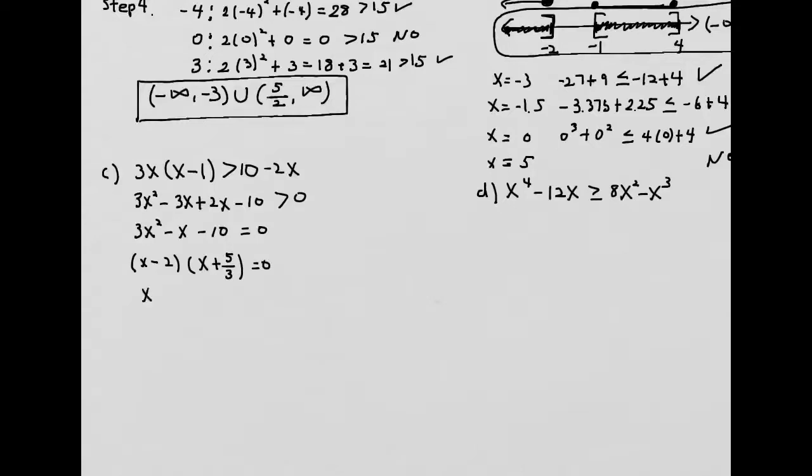It means your x is going to be positive 2 and negative 5 over 3. So these are going to be your boundary points on the graph. Negative should be on the left side, so smaller number on the left side, larger number on the right side.